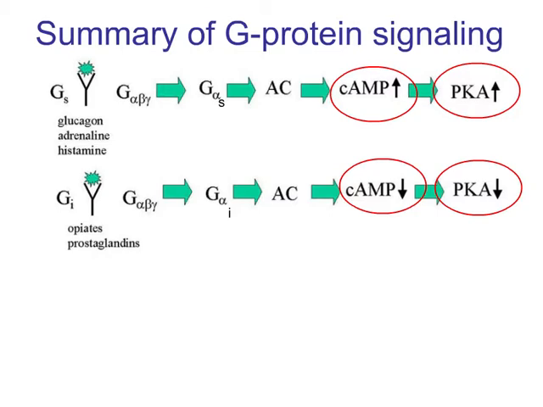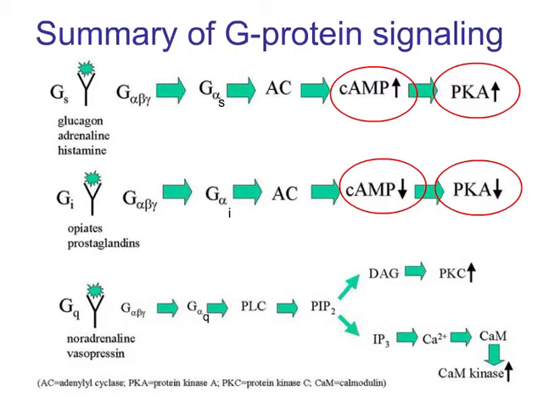Receptors that are coupled to G sub Q alpha subunit heterotrimeric G proteins will activate phospholipase C. Phospholipase C cleaves PIP2 in the plasma membrane to produce two second messengers, inositol trisphosphate or IP3, and diacylglycerol.